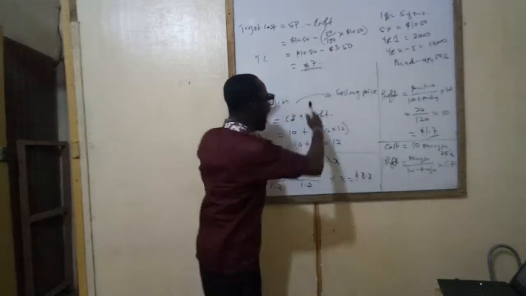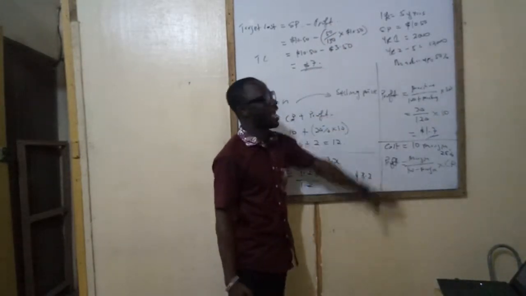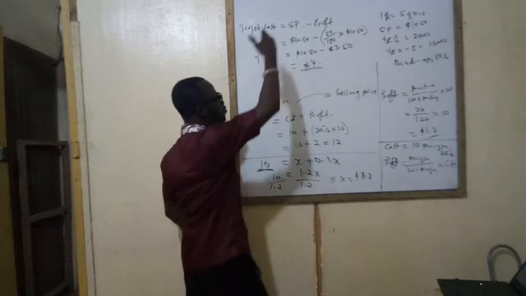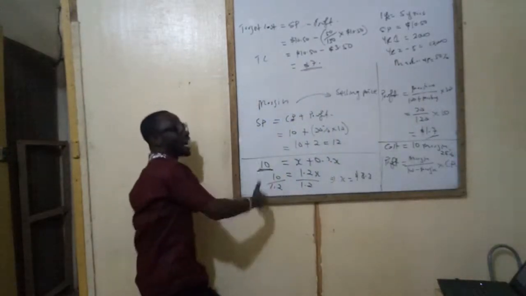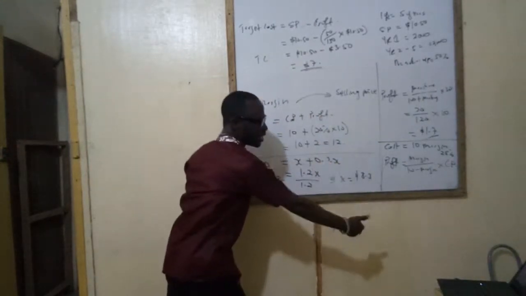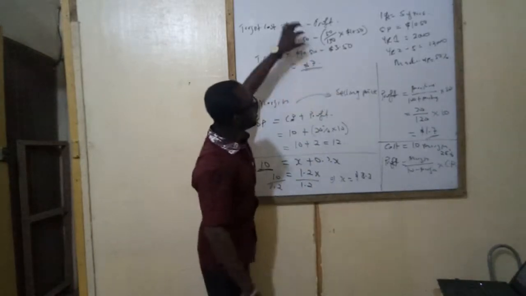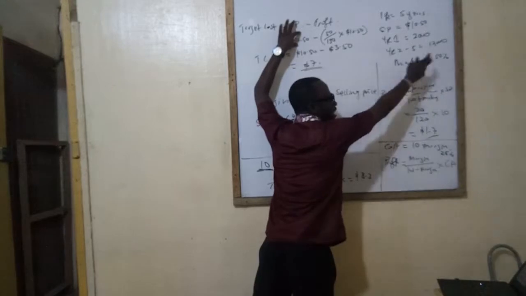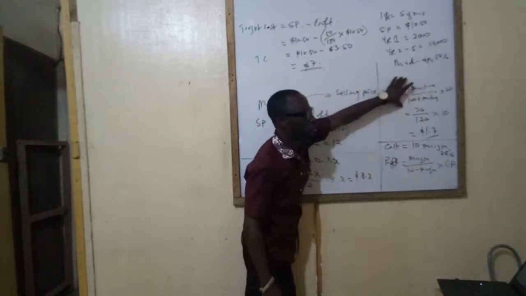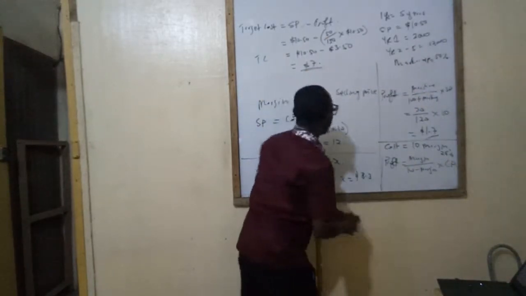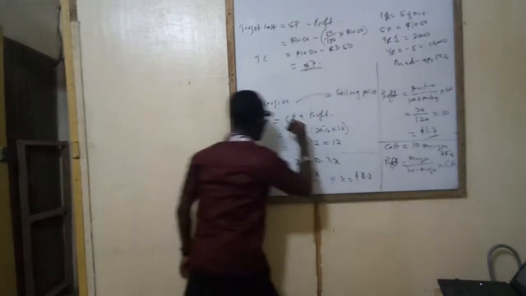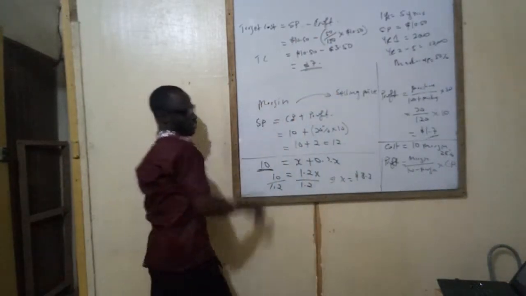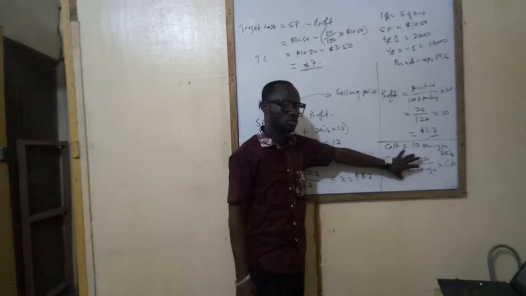But the reason why I went on about these things here is because the profit here can be a markup profit or a margin. And I'm saying if the examiner gives you selling price but you are given markup, as it is in this question, you go with this approach. But if you are given cost but the examiner says margin, you go with this approach.